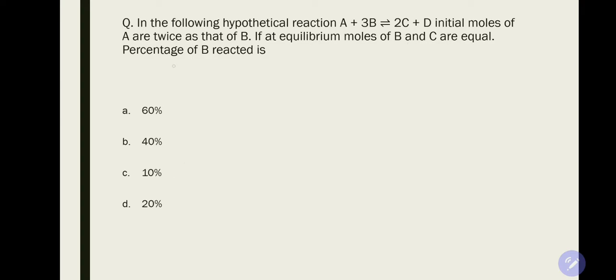So you have to find the percentage of B reacted. So let's write the equation, that is A plus 3B gives me 2C plus D. Now at initial, what is the initial mole given to you? Let's assume that the number of moles is X.